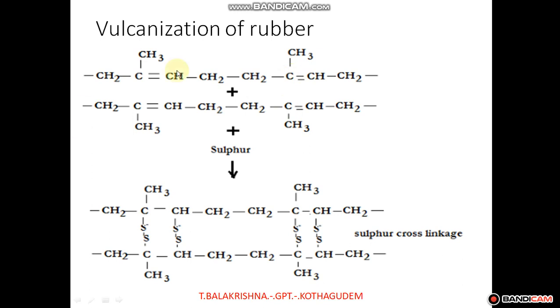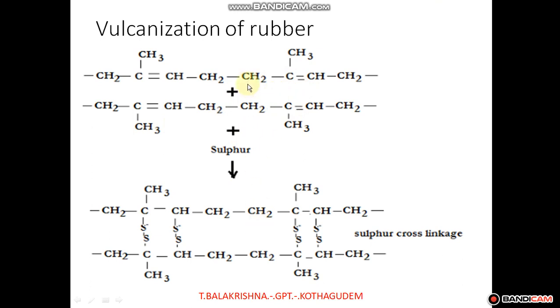Rubber shows elasticity due to the intermolecular movement of the rubber springs. Raw rubber has high elasticity, which is not useful for our daily activities. So if you want to use raw rubber in daily activities, you should vulcanize it. When vulcanized, the raw rubber is converted into economically useful industrial rubber.